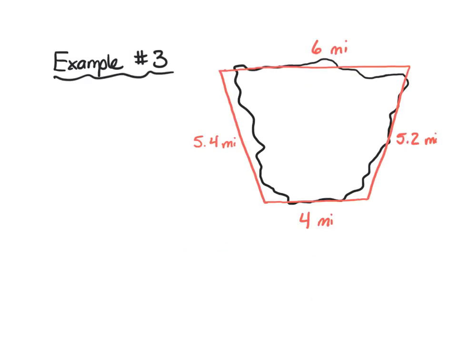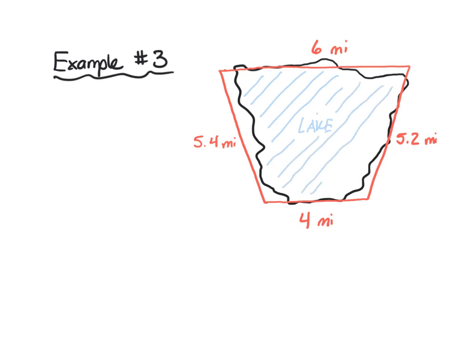Okay, in example number 3, what we are going to attempt to find is we are going to attempt to estimate the area of this lake. Now, this lake is an irregular shape. If you follow the edges of the lake, it's got coves, and nothing about it is very straight, but it has the general shape of a trapezoid.